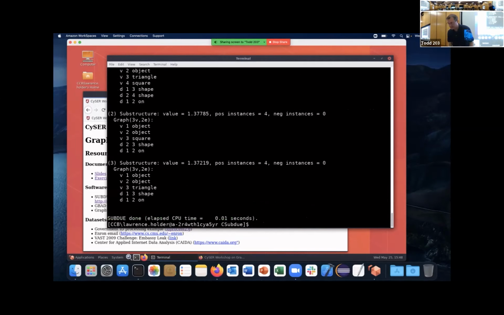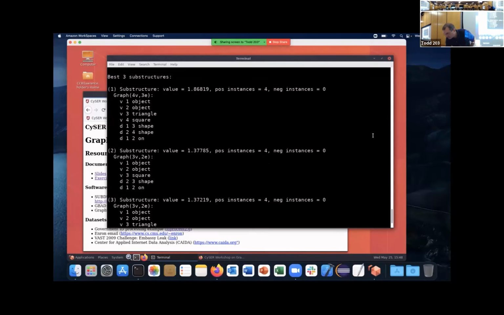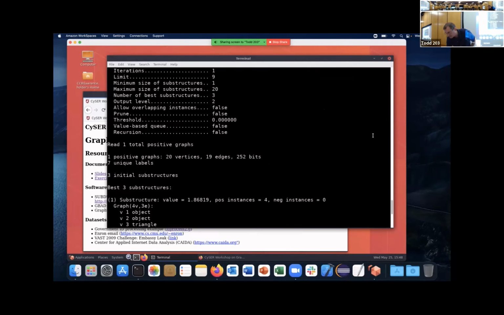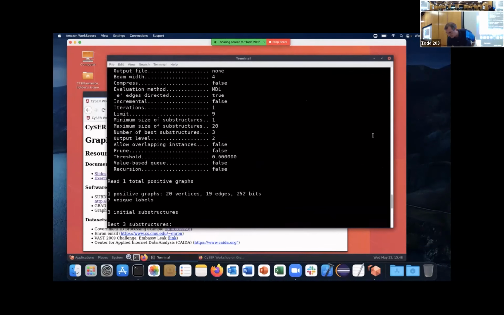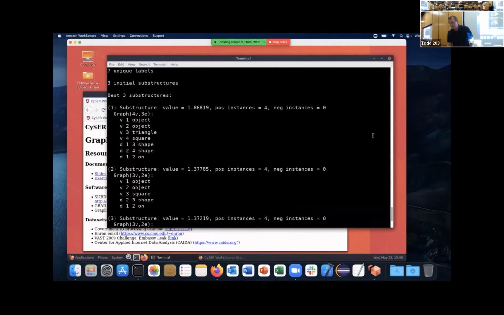So when we run that, it starts out, it prints a bunch of information about parameters. There are a lot of parameters you can set. But ultimately, it comes up with the three best substructures it finds. And this value is basically how much compression this pattern is giving us.